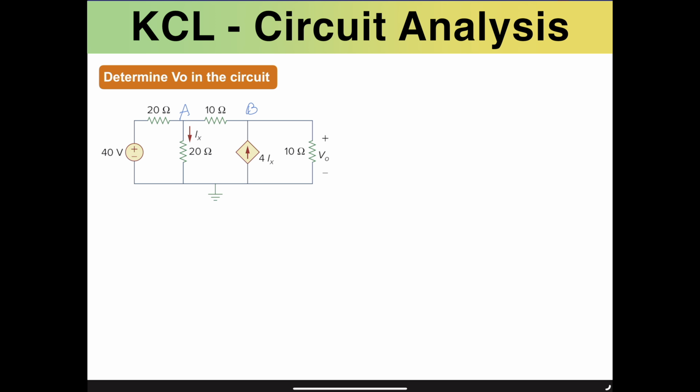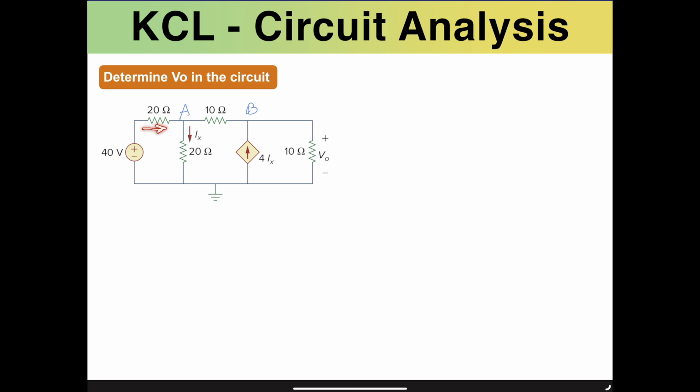For instance, if I want to know the amount of current passing through 20 ohms, it's available with respect to the voltage drop across it. The voltage drop across 20 ohms is with respect to this independent source of 40 volts, as well as the voltage at this node, VA. As long as we have labeled this node A, we know the voltage of this node can be called VA as well.